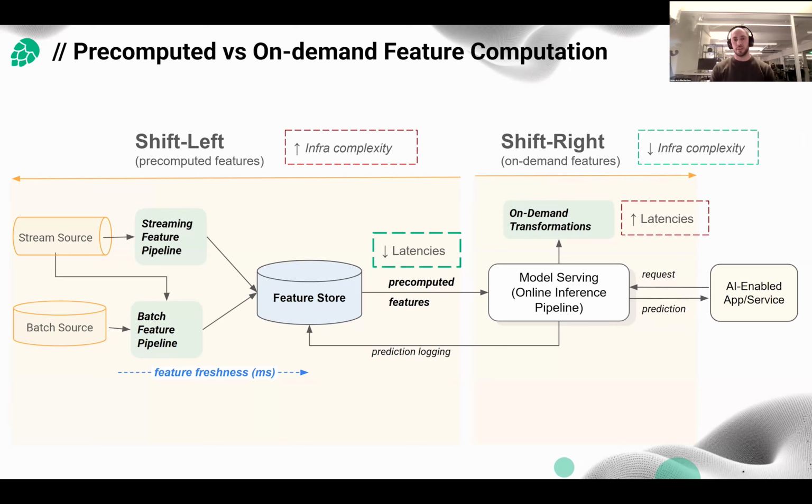It will depend on your requirements and what type of feature computation you want to perform. But in general, if you shift the computation of features to the left, you have to consider in your architecture a streaming processing engine, and depending on the engine you are using, you may need to figure out how to integrate it with the rest of the platform.